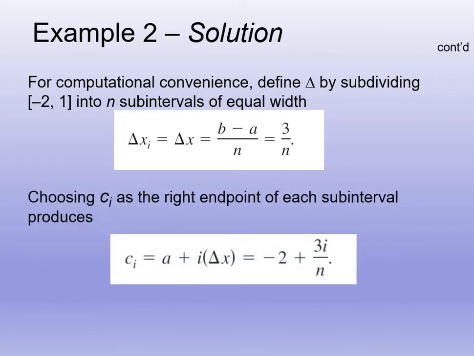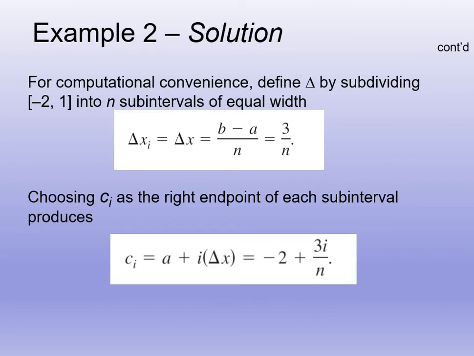Then we have to calculate our ci, and a general rule of thumb is to use the right endpoints because they're easier. When we calculate our ci, make sure you have this written down: it's going to be a plus i delta x. So -2, that's our a, our lower limit of integration, plus our i delta x, which is 3i over n.